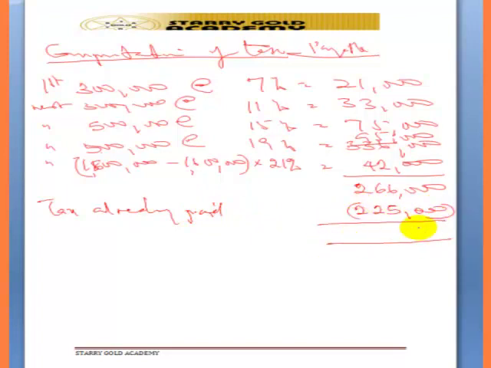So balance due to be paid is 41,000. Tax due. We cannot tax income from Gambia because it is not an income derived from Nigeria.